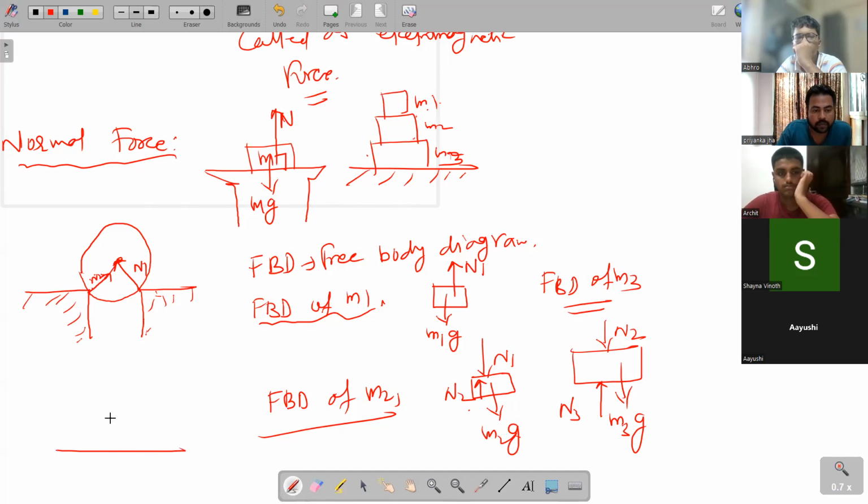If on this ground a football is kept like this, the football is in touch with the ground at this point. So the ground will apply the normal force here. Understand, guys?